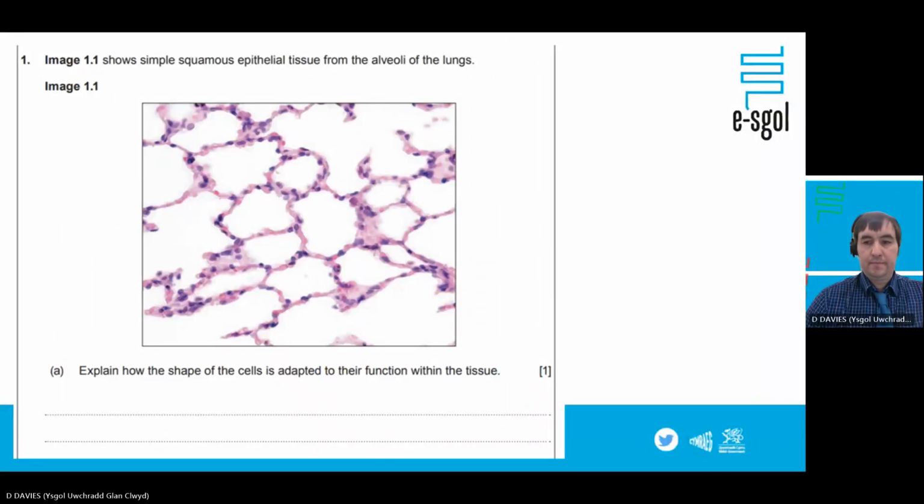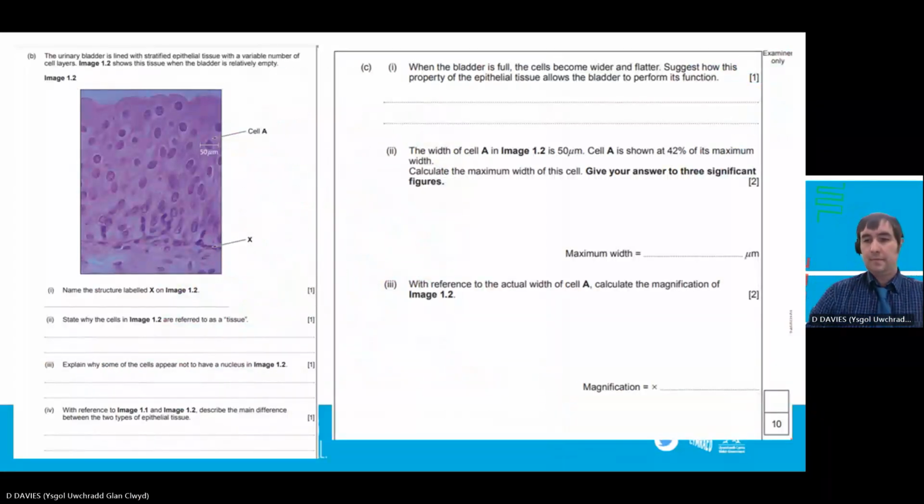Okay. Last one, I'm thinking, before we try some peer marking. Okay, and the answers are coming up just now.